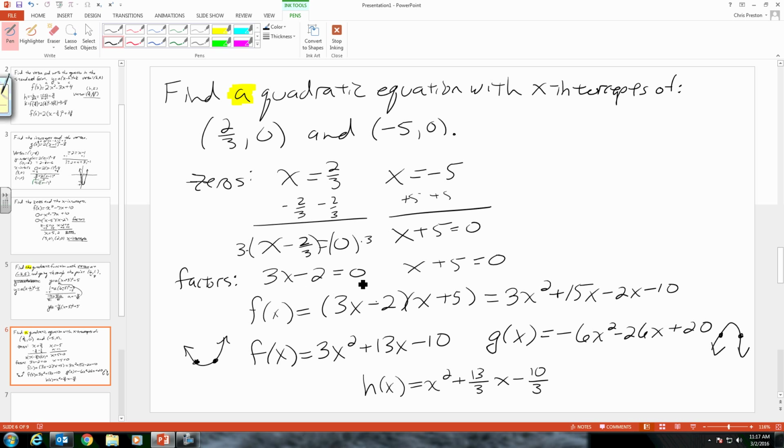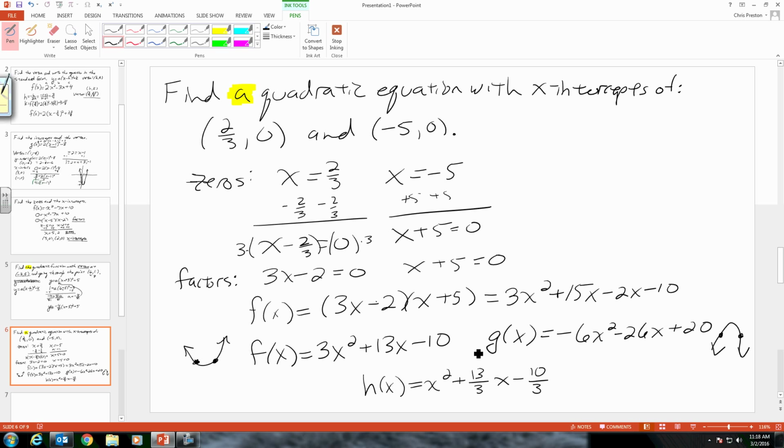We multiplied both sides. So we changed this factor. We said 2/3 still makes it 0, and 2/3 does. 2/3 makes this g of x 0. But this is without multiplying everything by 3. So this is kind of like the most fundamental version. This is a slightly more useful version, and then this, just a random version. So there's lots of possibilities that have these x-intercepts.